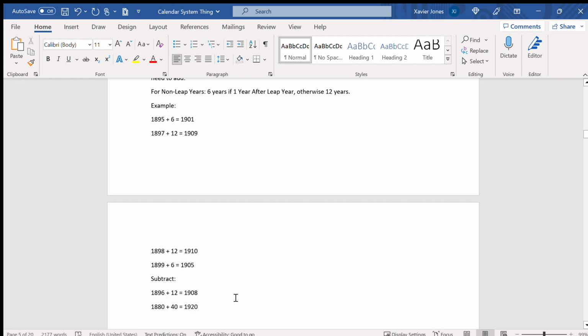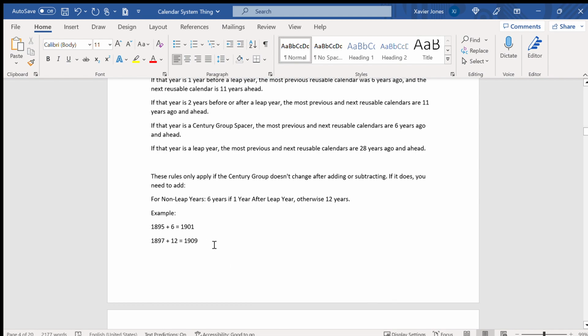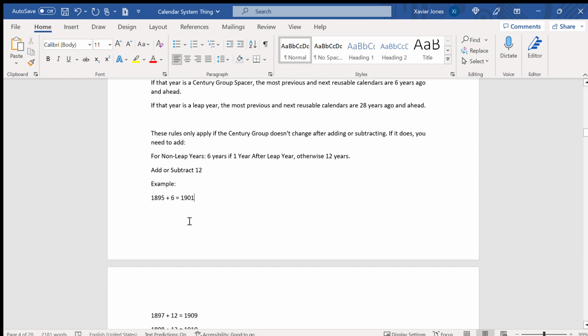1898. It makes sense for the same reason that the previous one made sense, because this one was also plus 12. So for non-leap years, you would add 6 or subtract 12. 1901 is 1 year after, oh, it's not 1 year after a leap year.